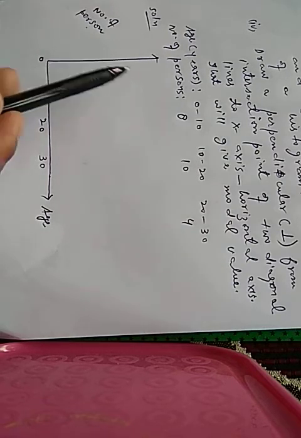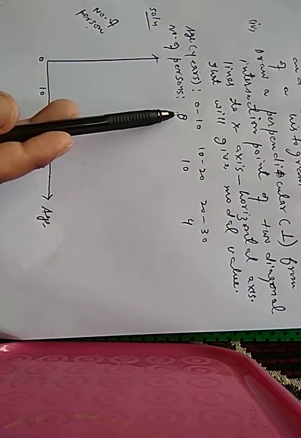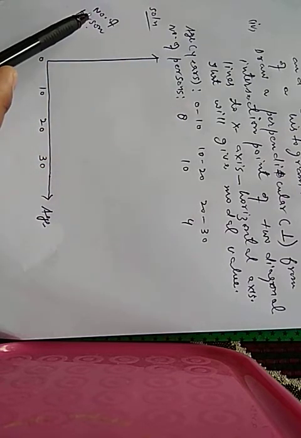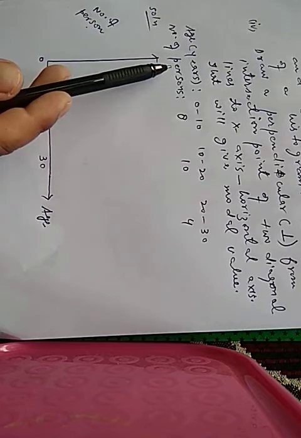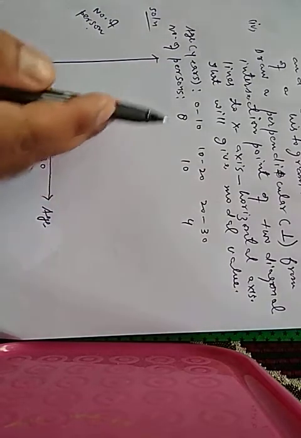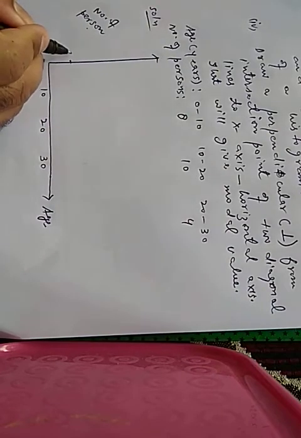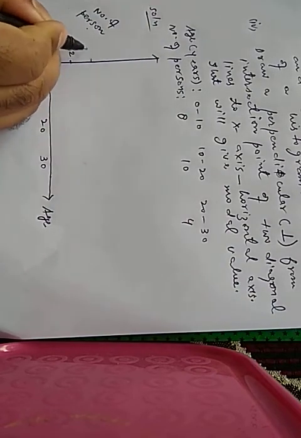Now on vertical axis we will take the values of frequency. The lowest is 4, highest is 10. We will start from 2, 4, 6, 8 and 10.